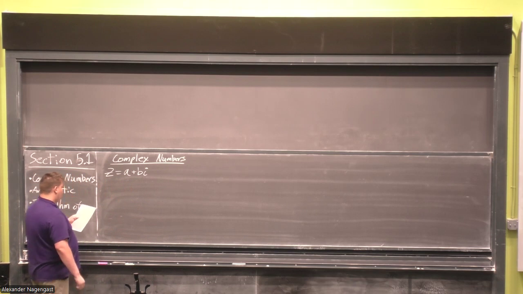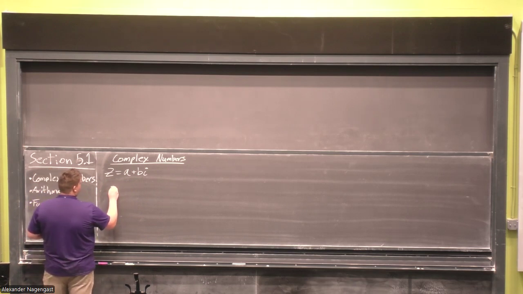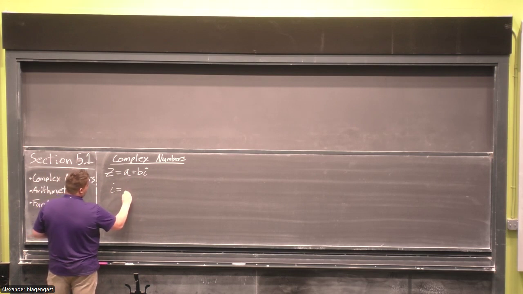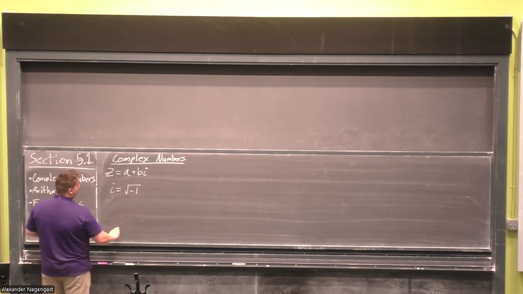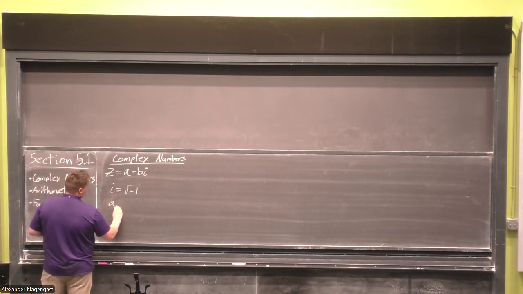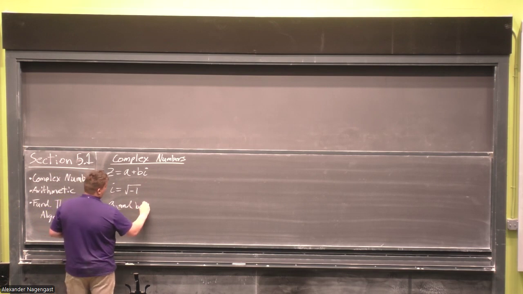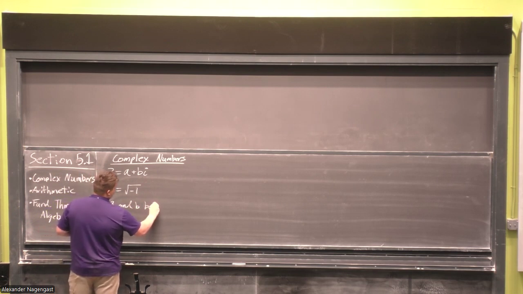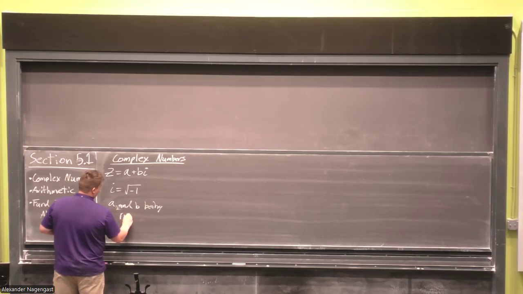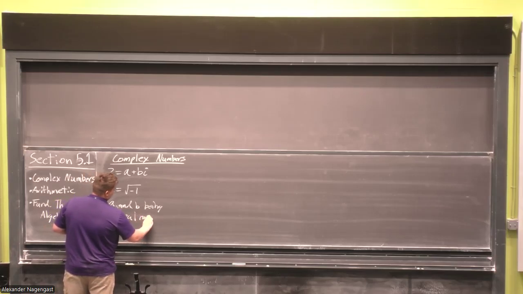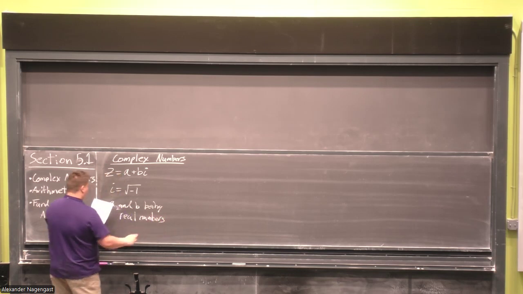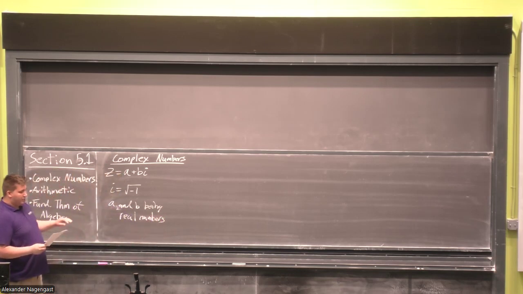So we have i being equal to the square root of -1, and we have a and b being real numbers. And so some interesting properties occur with this.